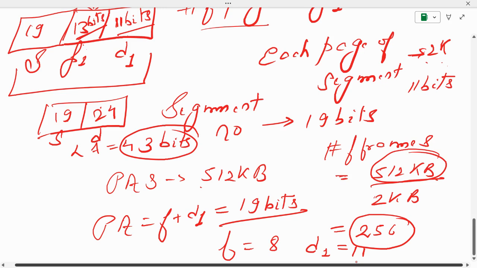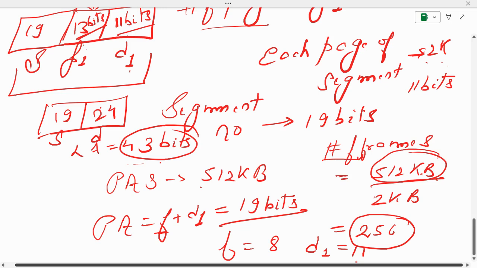Okay, if I am not wrong, this is the 43 bits LA, and this is the PA. D1 is 11 bits, and we have F. So F is the number of, okay, sorry, it is the number of frames required.